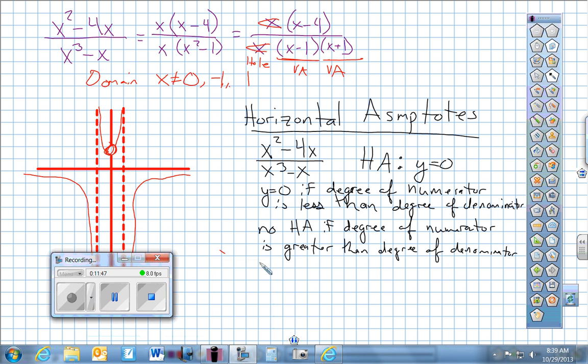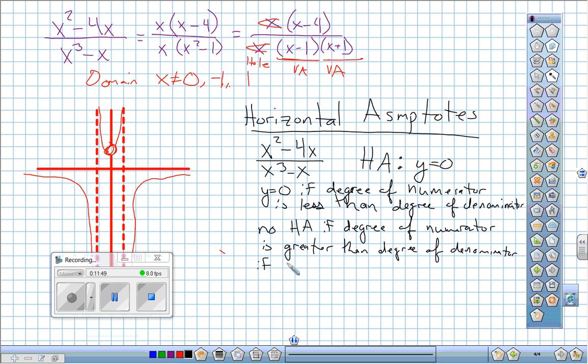And if the top and bottom have the same degree, so these are my three things, it will be the ratio of those coefficients.